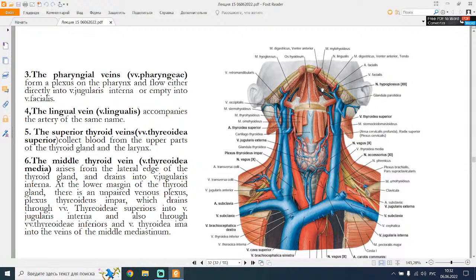This is what you see, the vena facialis. This is the vein.